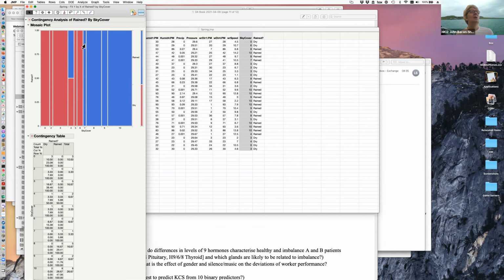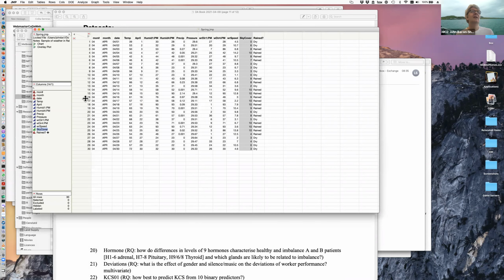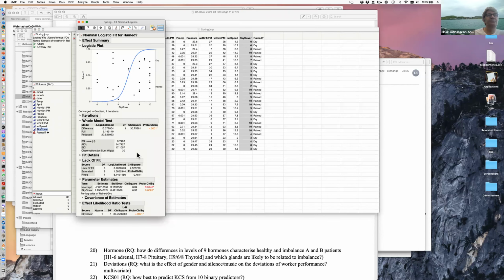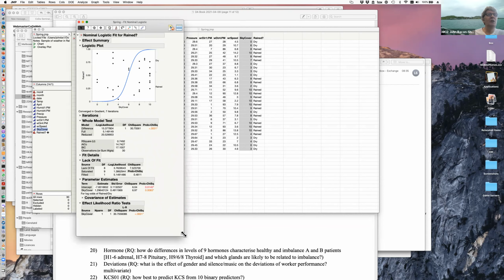Right, so if we change back to say that sky cover was continuous, then we can fit the model, but we know there should be some question about whether or not this is indeed an appropriate model because we know that sky cover is ordinal, not continuous. But if we treated it as continuous, this R squared type measure now is relatively high.